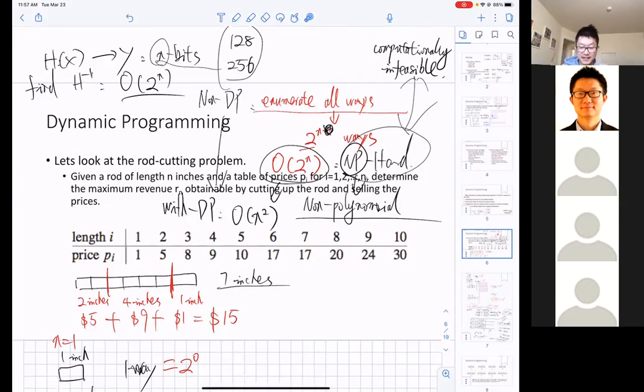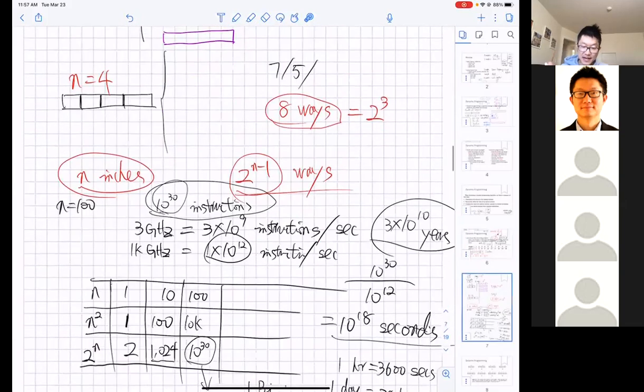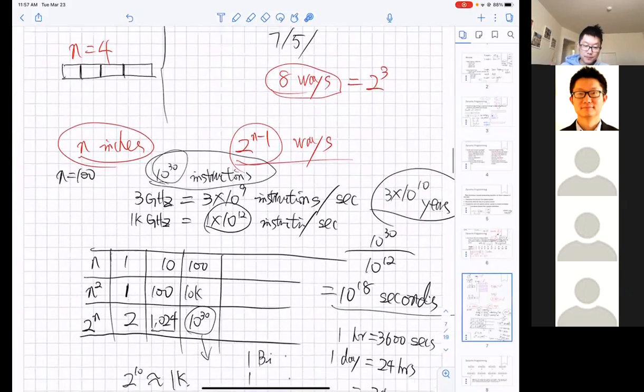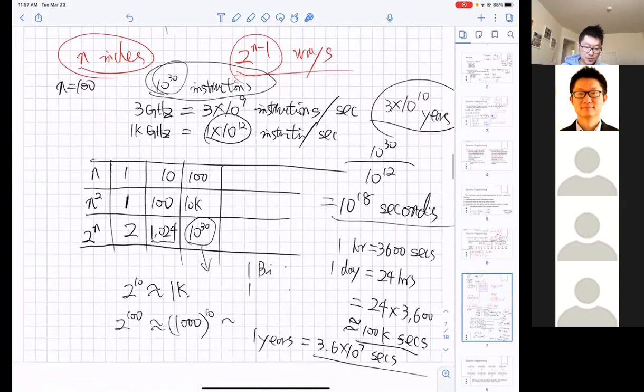Which means that instead of executing your program for more than 30 billion years, you can finish the calculation with 10,000 instructions, say, and just within 1 second on a normal computer.